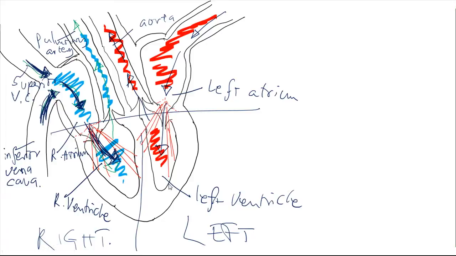So I hope we are okay with the structure of the heart and also the direction of blood flow. The next thing I'm going to do is to give you another slide, this time where we now look at the cardiac cycle proper. So take note of the labels we've done here.